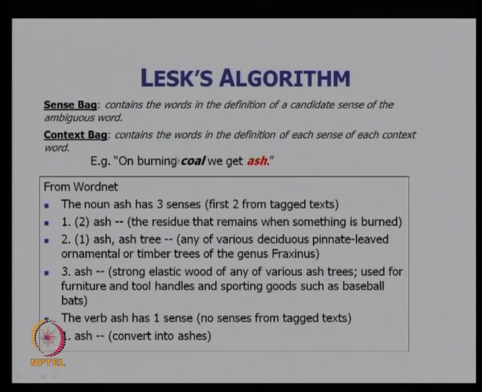So, the context words burn, coal and get have found an overlap in the definition. The first sense has the overlap in the form of burn. No other definition, as you can see here, has an overlap. So, we declare the first sense as the winner, and we will be correct here. This is the sense in which the word ash is used.